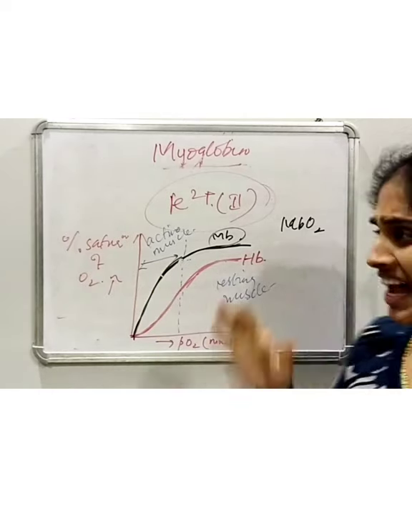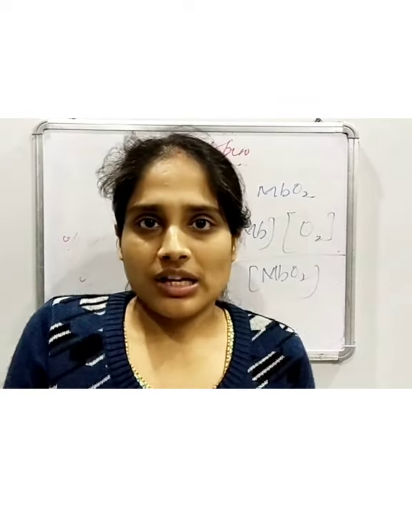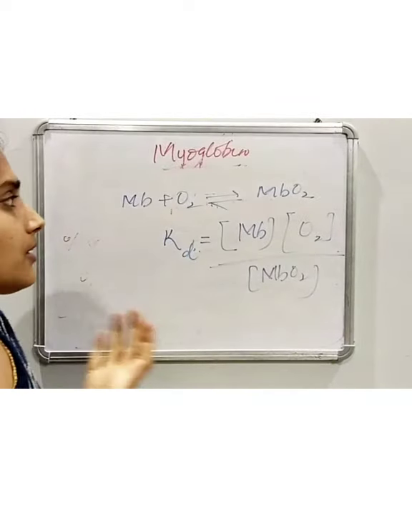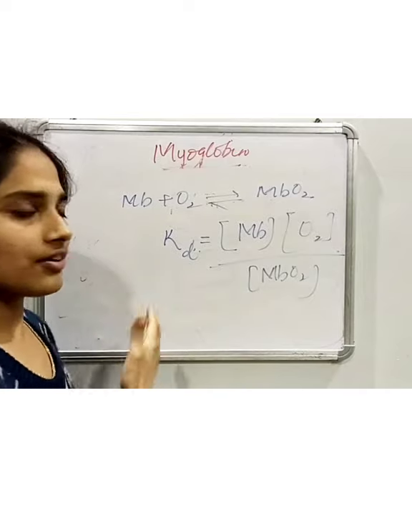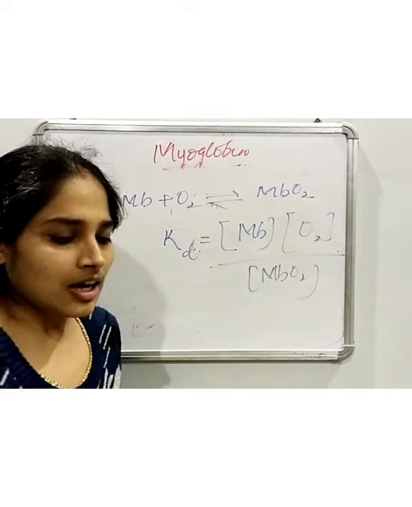And what color do the muscles develop when they are oxygenated, when they have excess of myoglobin in the oxygenated form or in the deoxygenated form, or there is lack of oxygen and there is excess of oxygen? By looking at the color of the meat, you can estimate the oxygenated or the deoxygenated state of this myoglobin.